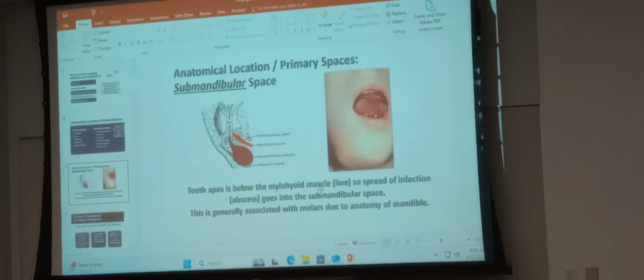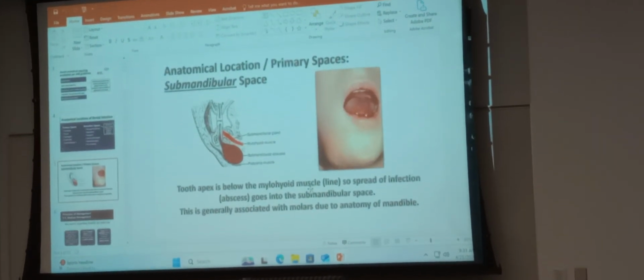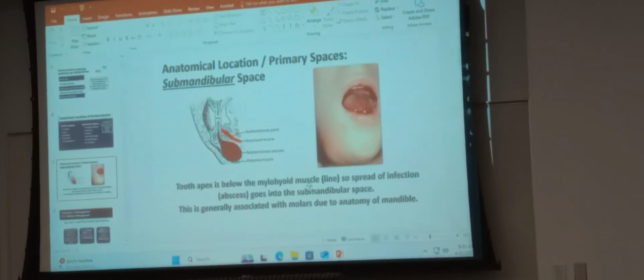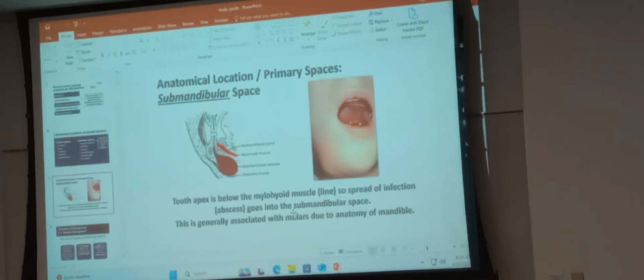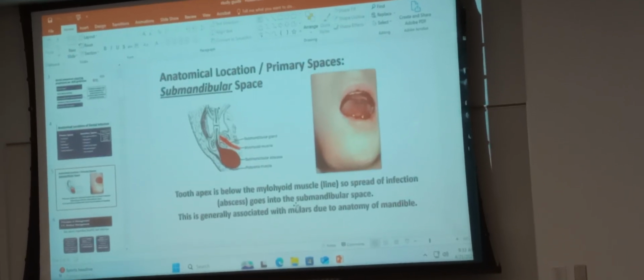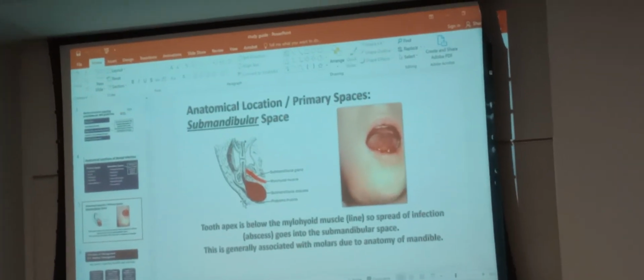All right, so let's go through. Submandibular spaces are important. If you have a posterior molar and the infection goes below, I had a bunch of slides, so I'm focusing you on one for a little bit of help and kindness. I know y'all are super busy, but if you had to go through all these slides, the one that's really important, the test question focuses on posterior molars, mandibular molars.